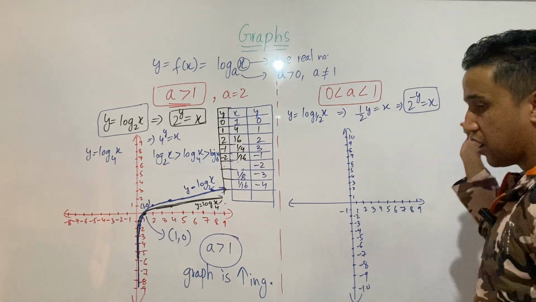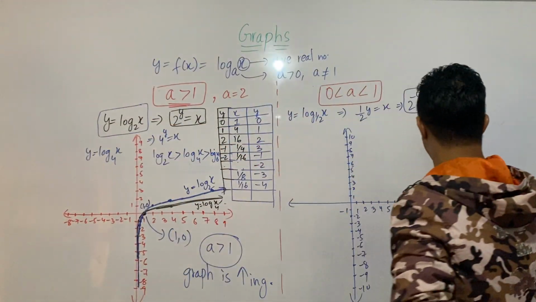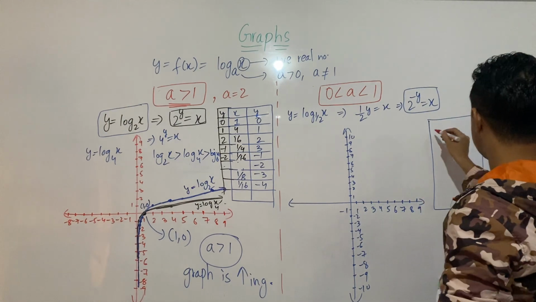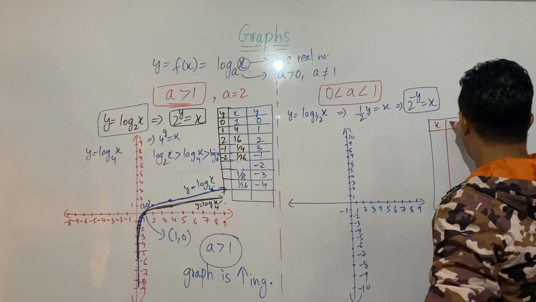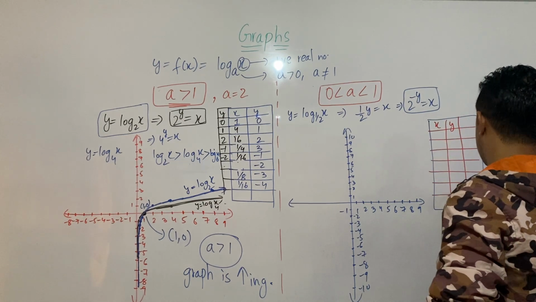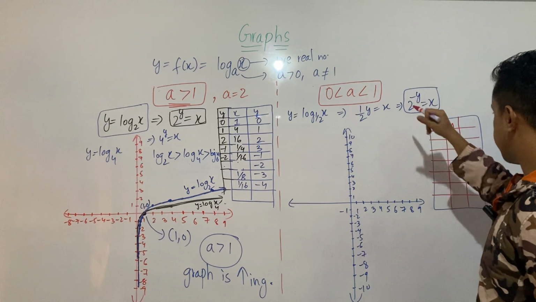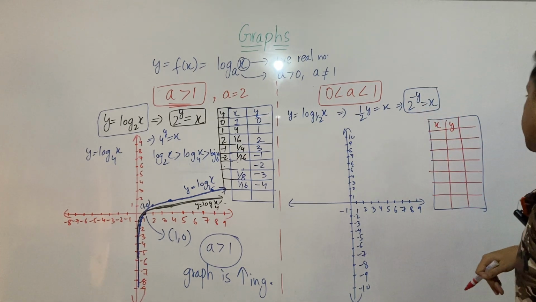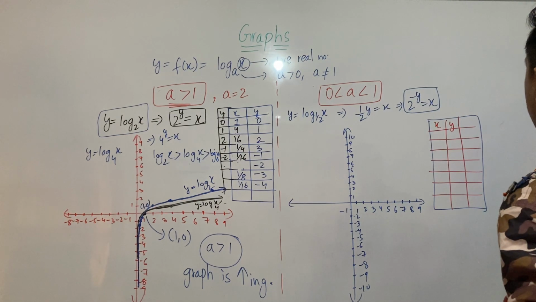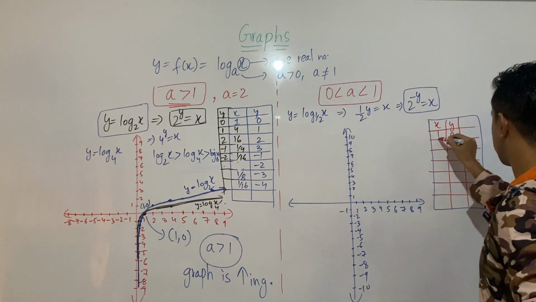Now, do we have space on the right? Yes, we do. So here we can make the table and take the values. If I take y as 0, then x is going to be 1.